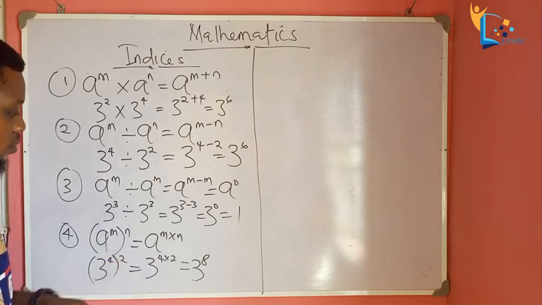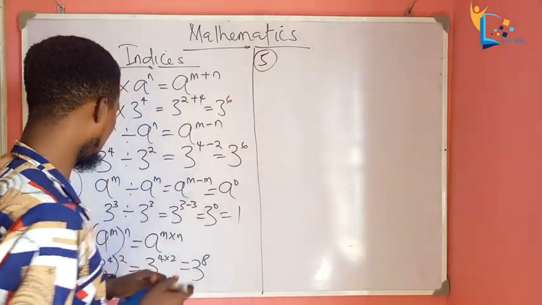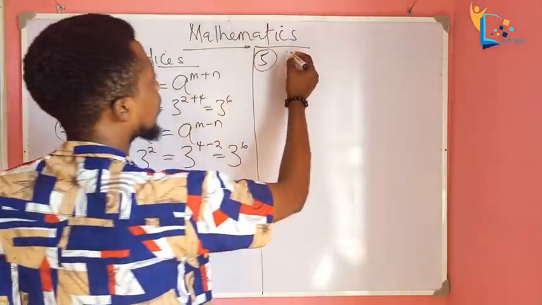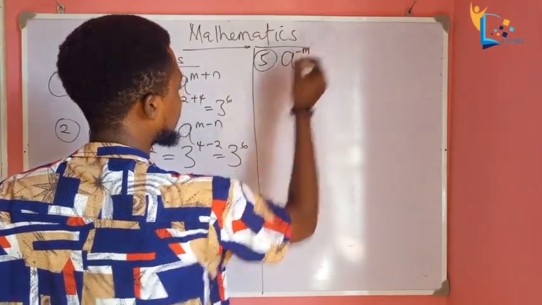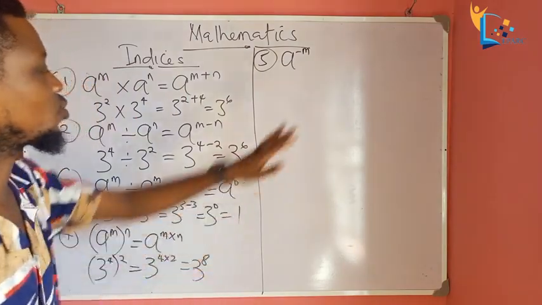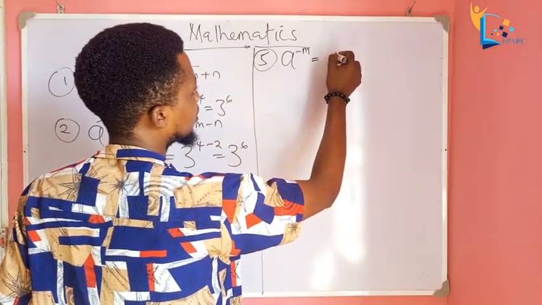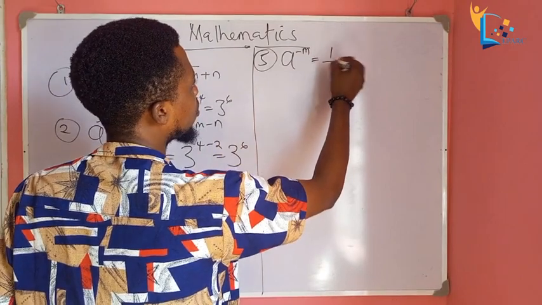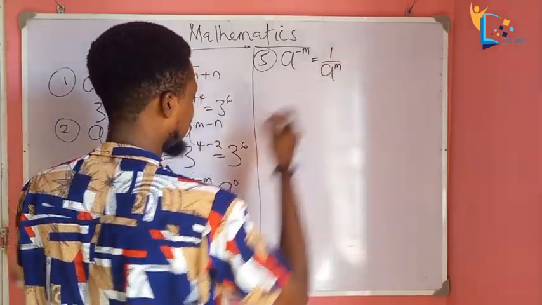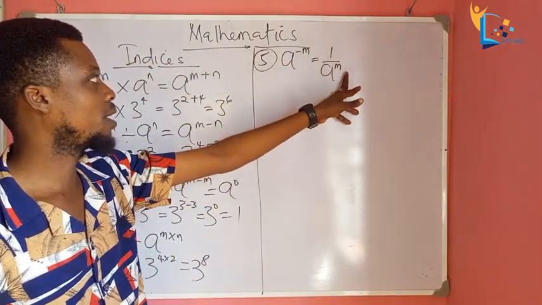Are we together? Okay, let's look at the fifth law. Let's have a raised to power minus m. A raised to power minus m is the same thing as saying 1 all over a raised to power m.